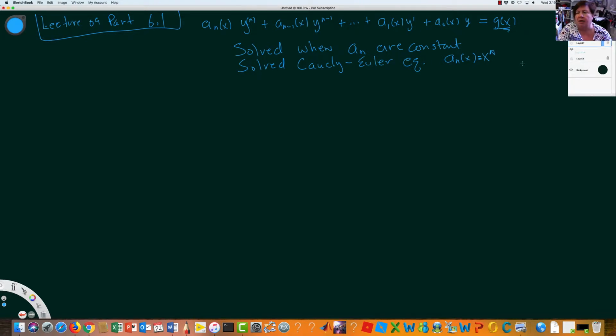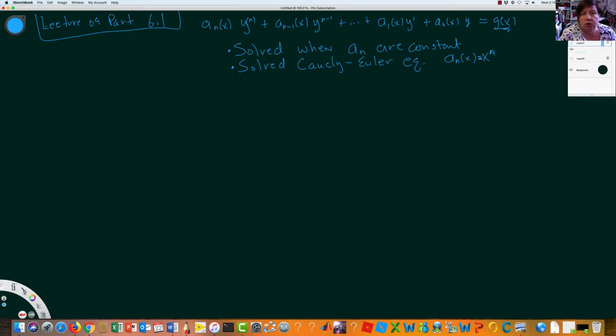Once we have solutions to the homogeneous equation, we can always find a particular solution using variation of parameters or undetermined coefficients. So we know how to do this, but only in these two cases, where the a_n are constant or where the a_n have the form x to the n, the Cauchy-Euler equation.